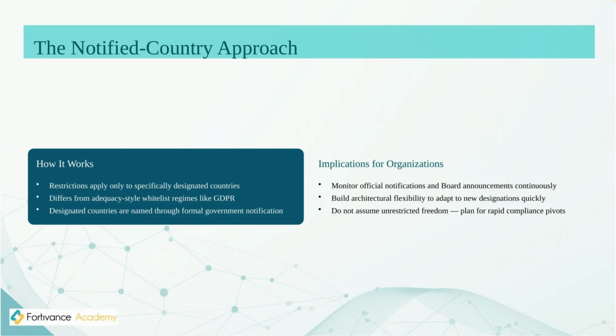Let me explain why this approach was chosen and what it means practically. Rather than baking a fixed list of countries into the law itself, which would be rigid and quickly outdated, the framework leaves it to the government to designate destinations through notification. This gives flexibility. The government can adjust designations as geopolitical and data protection realities change over time.